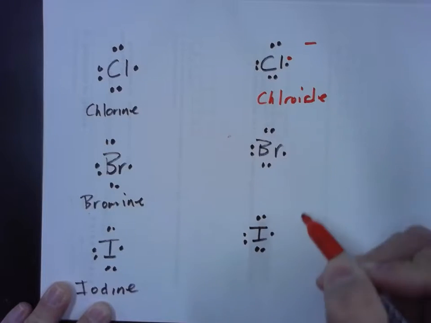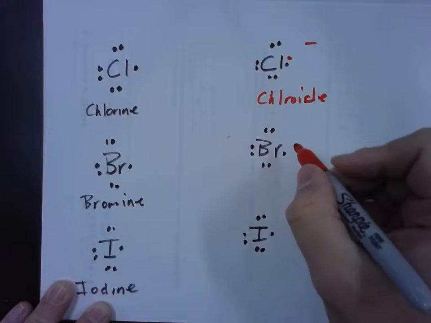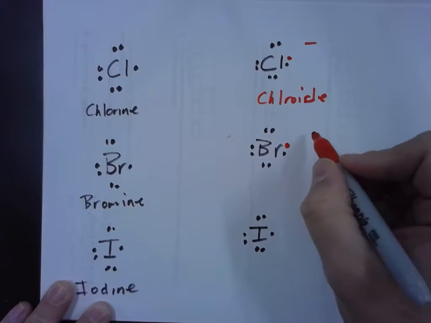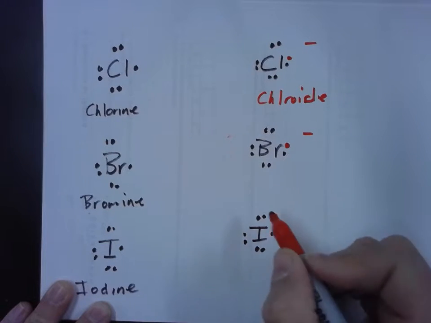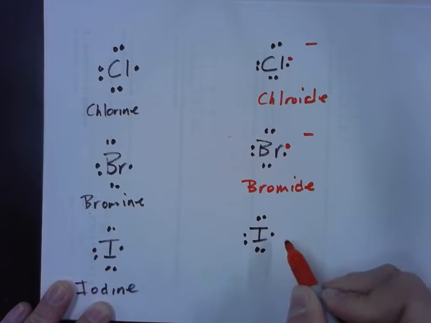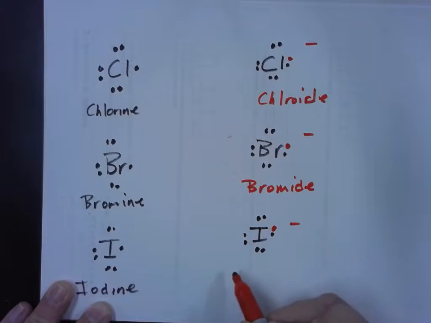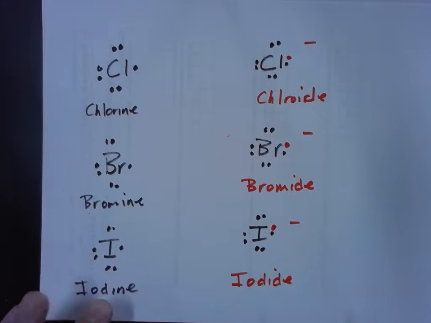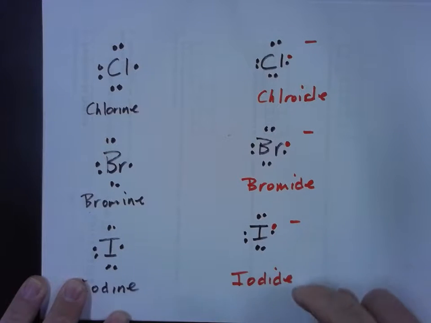Make sure you write these in, just like I am. Bromine, if it picks up an extra electron, it gets a charge, and it becomes bromide. Iodine, iodide. Each one of these has a charge of -1.